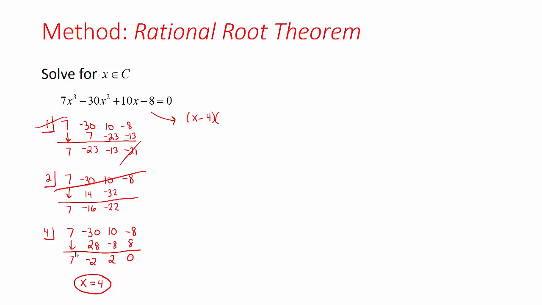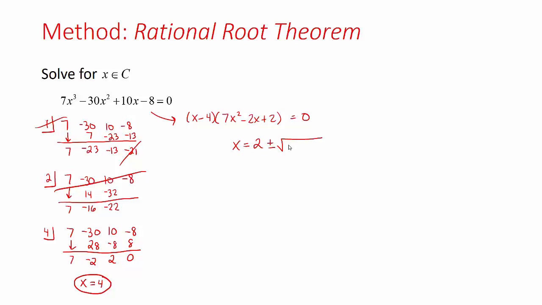And what would this get me here? This would get me 7x squared minus 2x plus 2, right? That's really what the equation is. So we have this quadratic here. I'm just going to plug this stuff into the quadratic formula and see what we get. Right there, our b value is negative 2.